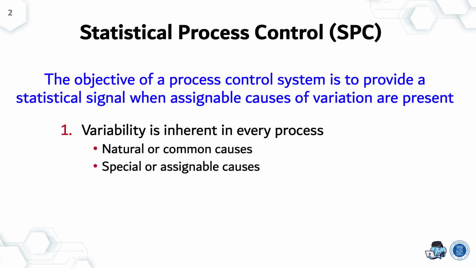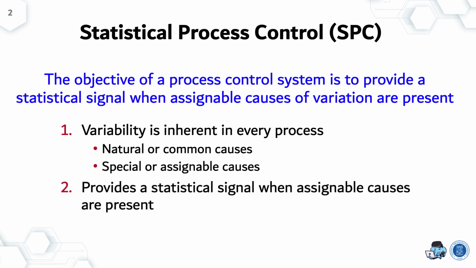There are two types of variability that exist in each process: the natural or common causes, and the second is special, or we can simply call it assignable causes. And this system provides a statistical signal when assignable causes are present.